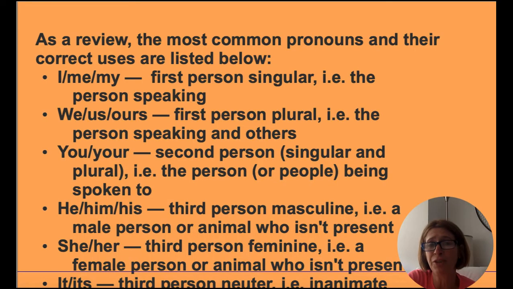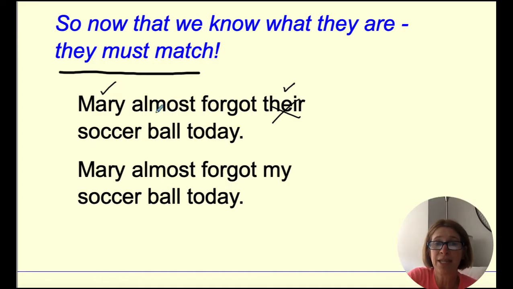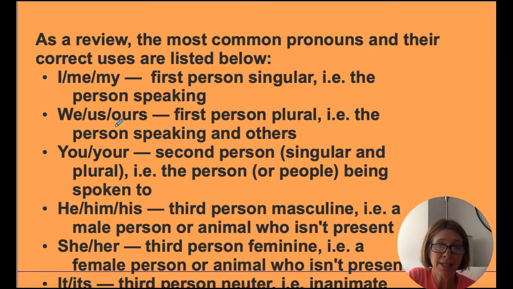Let's review the most common pronouns and their correct uses. I, me, my is first person singular, the person speaking. In this case, I was not speaking, so I couldn't use my. We, us, ours would be first person plural, the person speaking and others. You, your is second person, singular and plural, the person or people being spoken to.